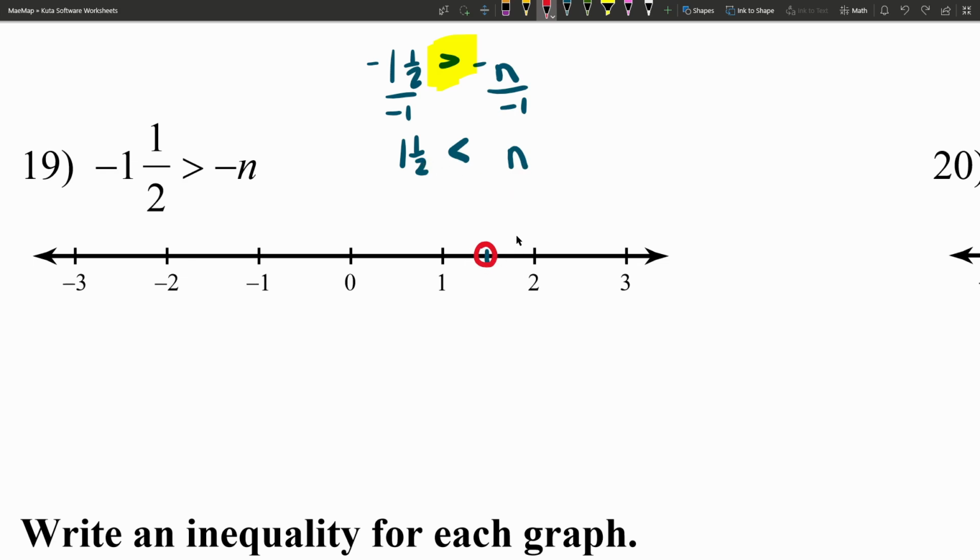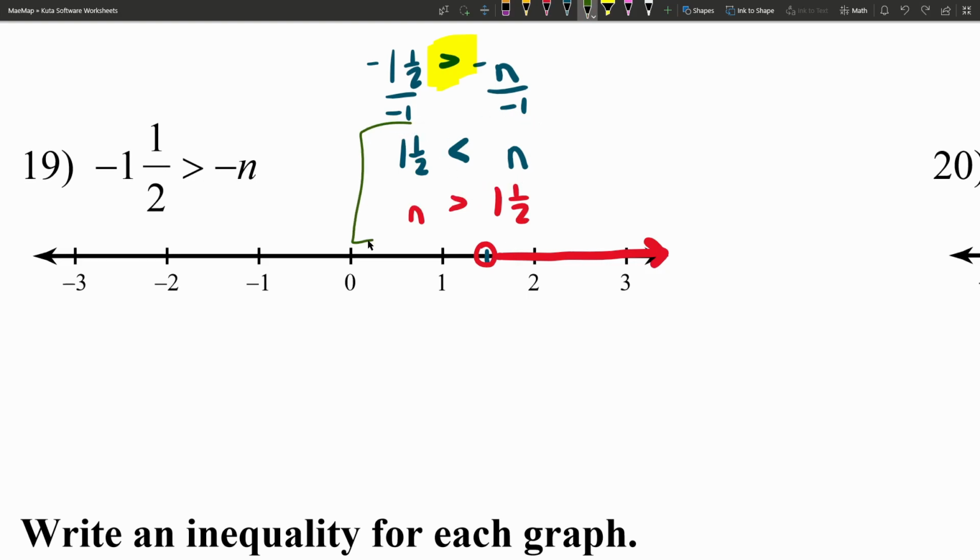So 1 and 1/2 is the smaller side of n, which means we're going to be shading to the right, because n represents those values that are greater than. If we were to rewrite this the other way, n represents those values greater than that 1 and 1/2, since 1 and 1/2 is less than n.